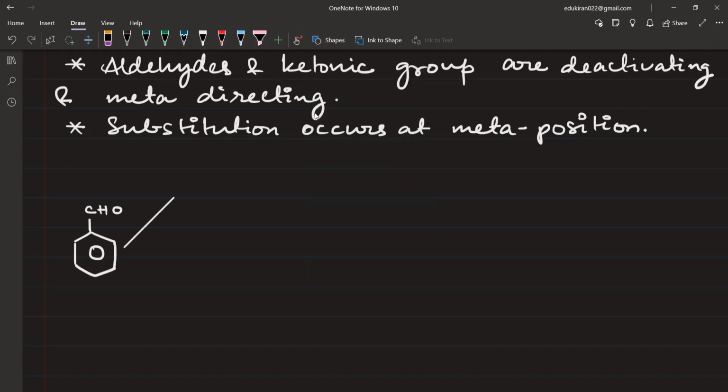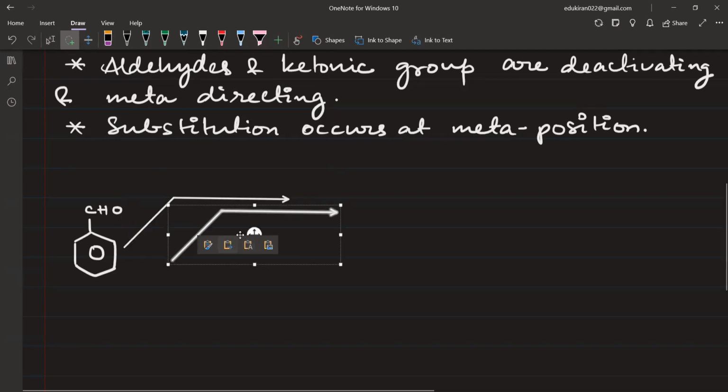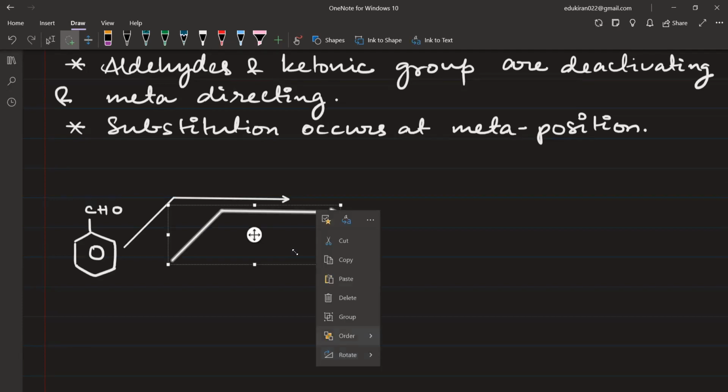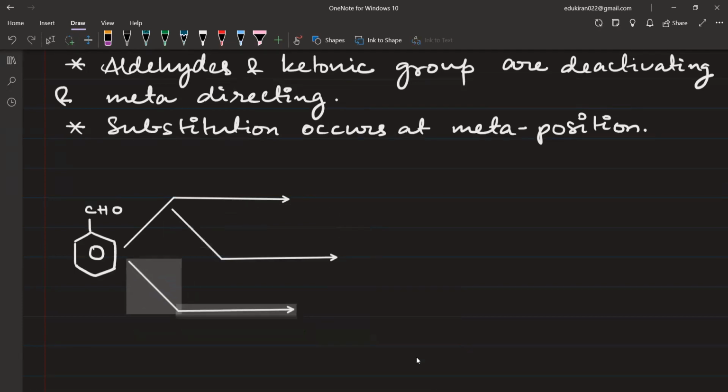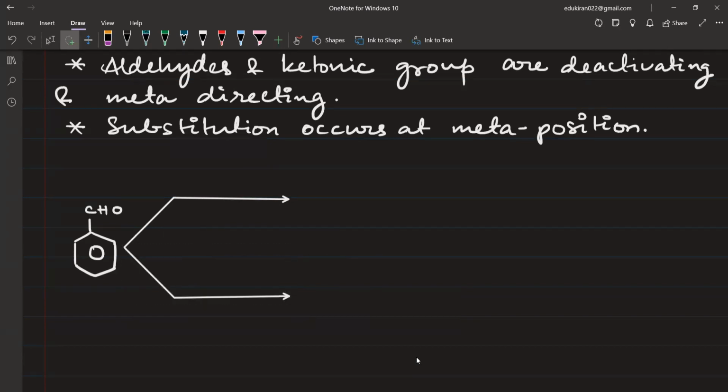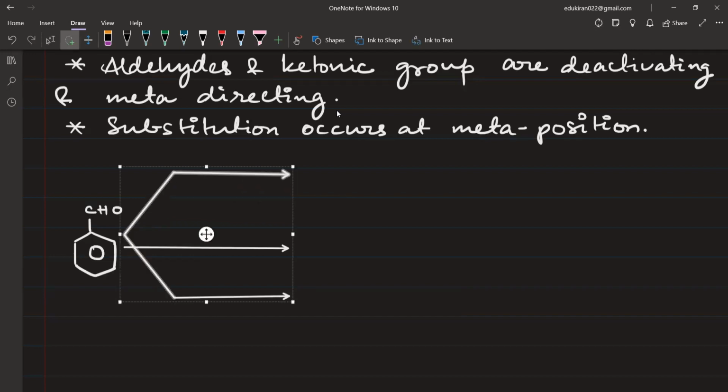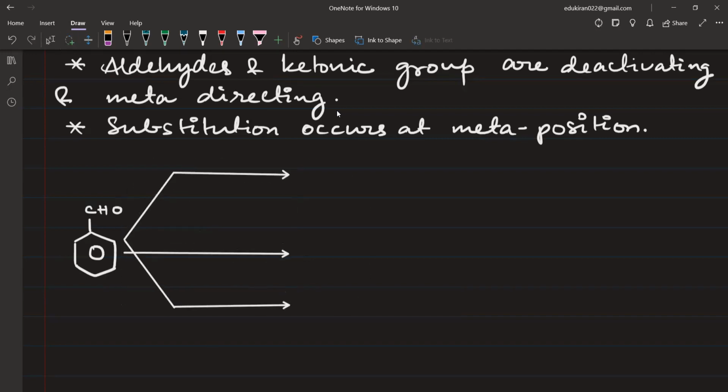There are three reactions that you have to learn in electrophilic substitution for this benzaldehyde and also for acetophenone.